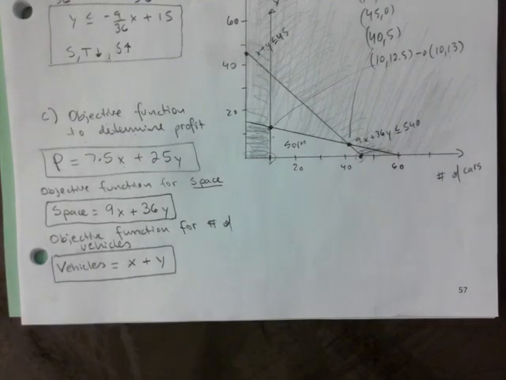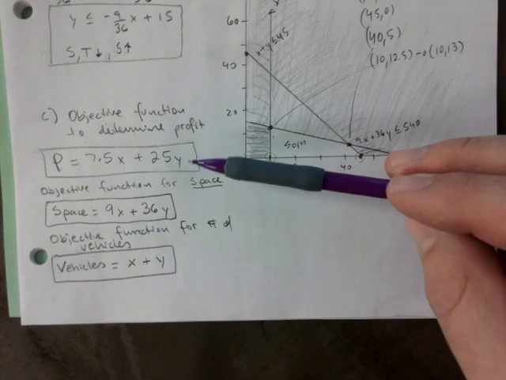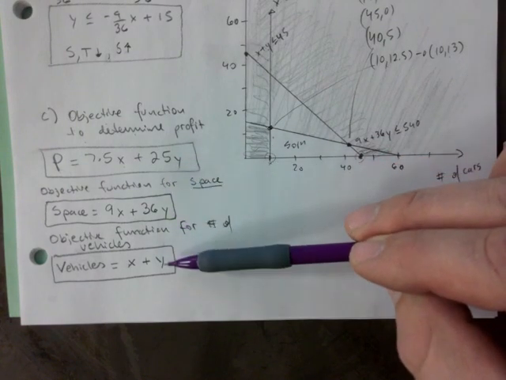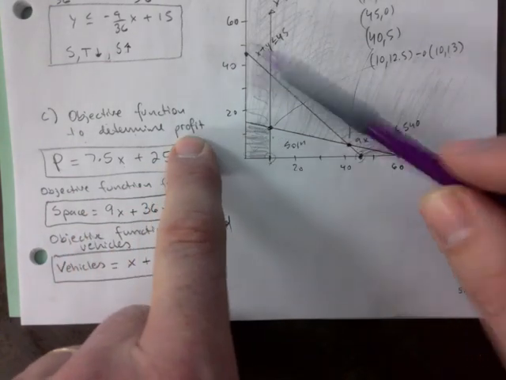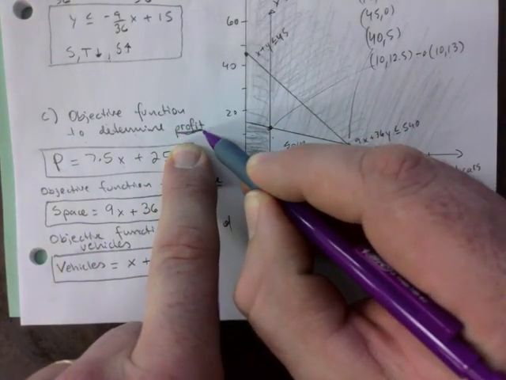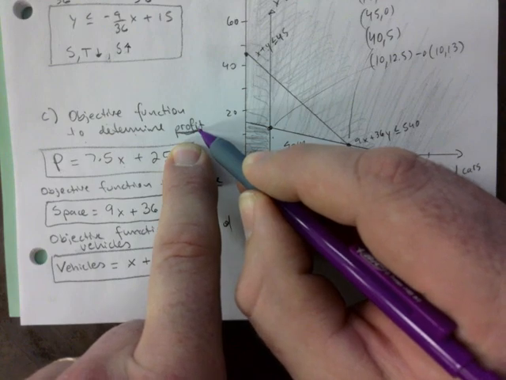That would be the number of vehicles that would be determined there. So you're like, what's the objective function again, Mr. Dirks? I'm kind of confused. It's Monday morning. I don't even know where I am right now. I think I'm in math class, right? If you're thinking like that, the objective function is simply that. It's a function that you just read. What are you writing the objective function for? We started out with profit. That's what the question asked you for.